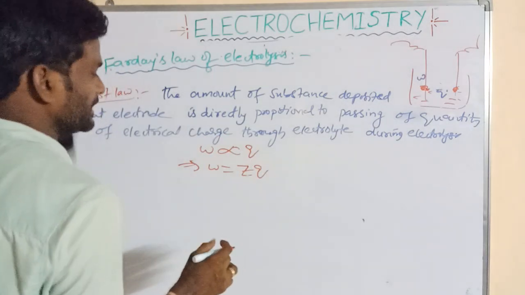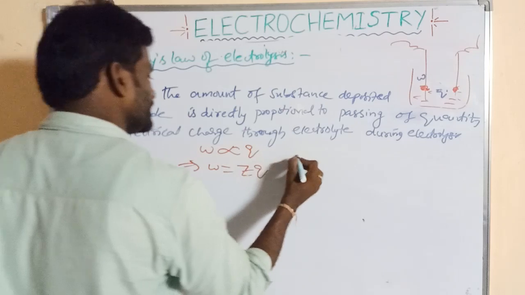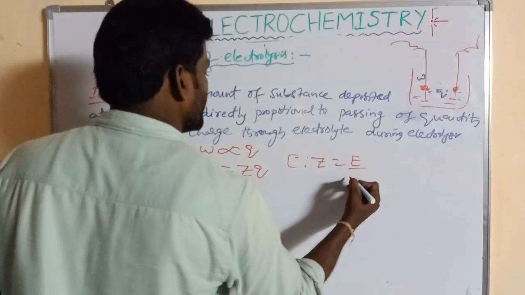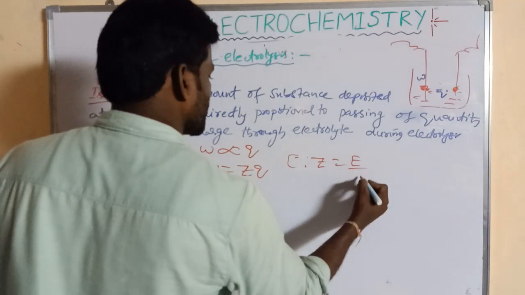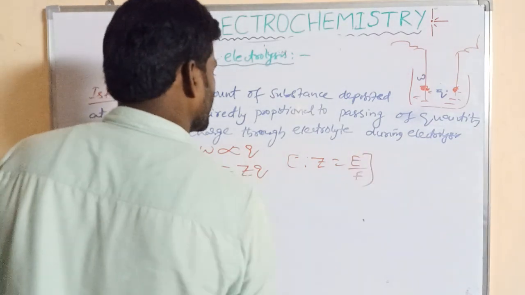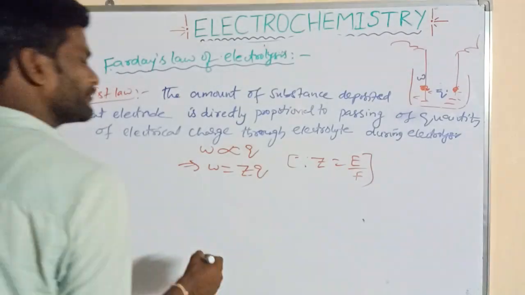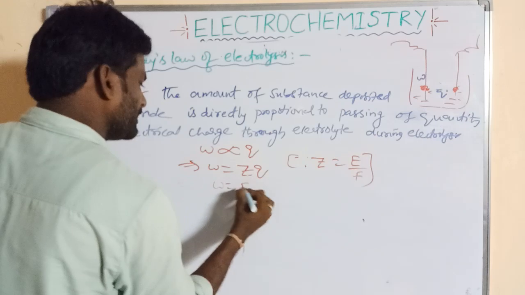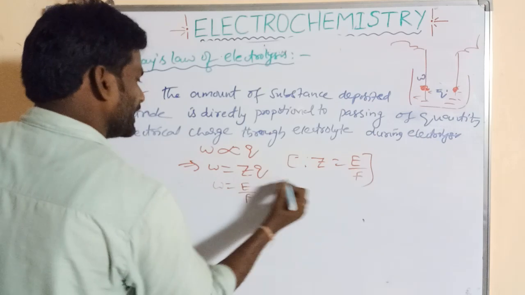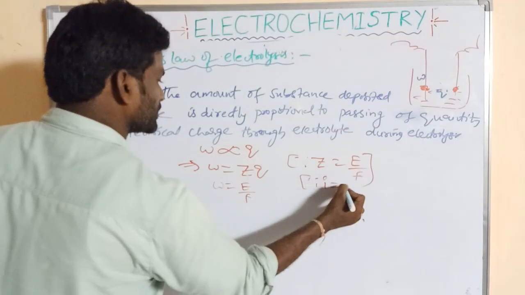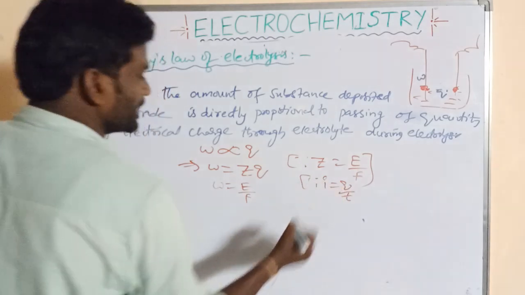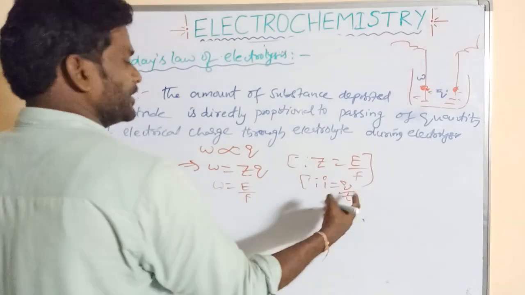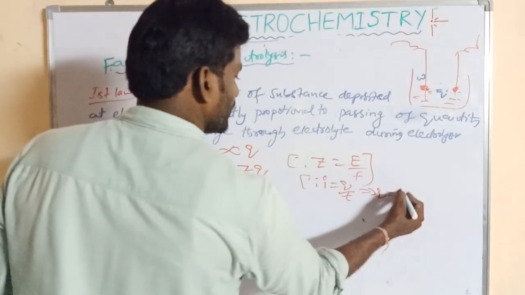Its value is Z equal to equivalent weight by valency or charge, like E by F, where F is 1 Faraday. So W is equal to E by F times Q, and we know that current I is equal to charge by time, I equal to Q by T. Therefore Q is equal to IT.